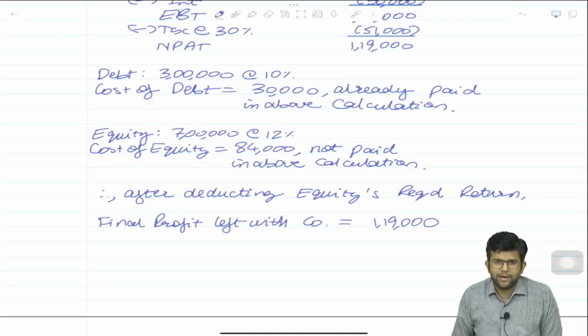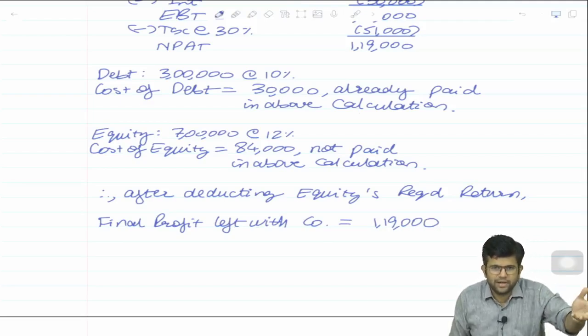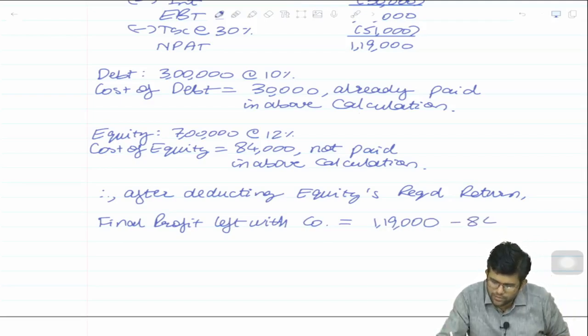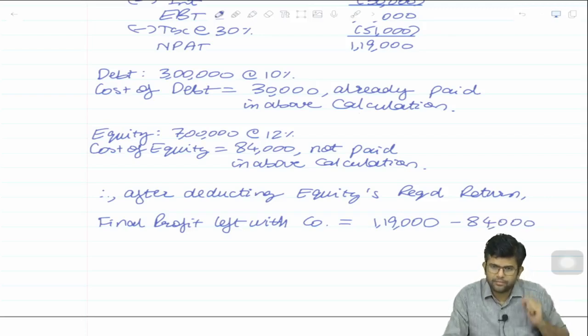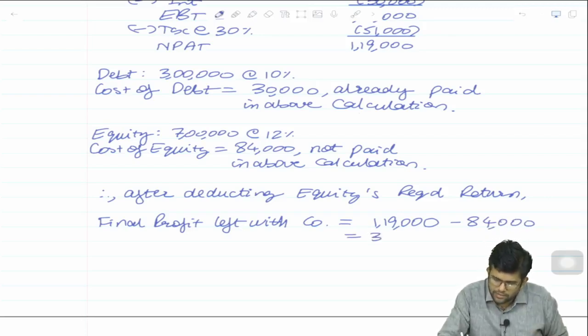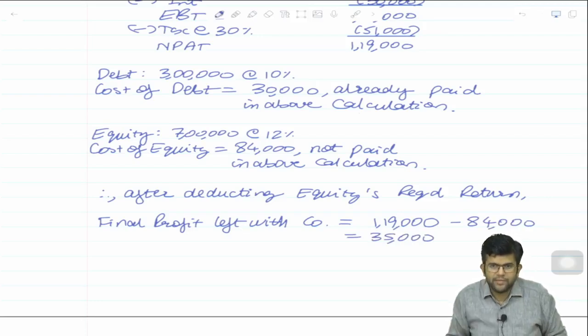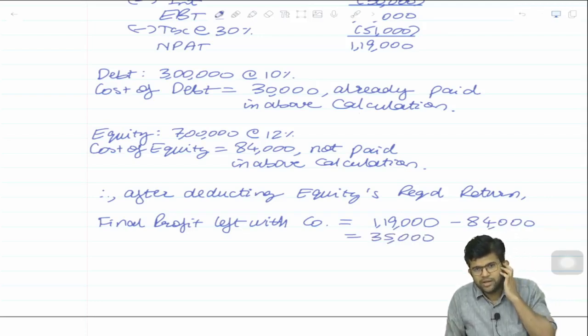Everybody clear? From this, can I say I have to give 84,000? Can you please tell me how much is left? 35,000. Everybody clear? What is left is 35,000.